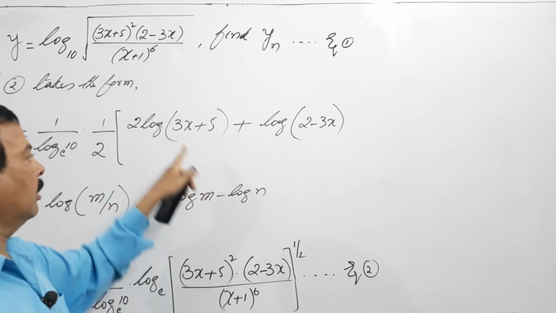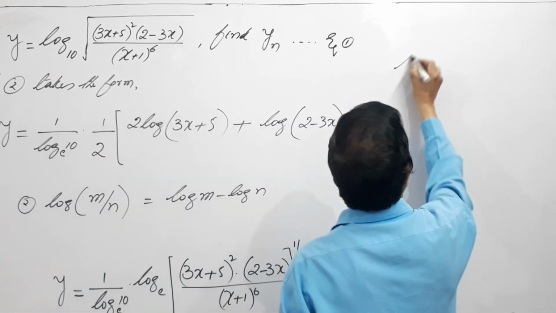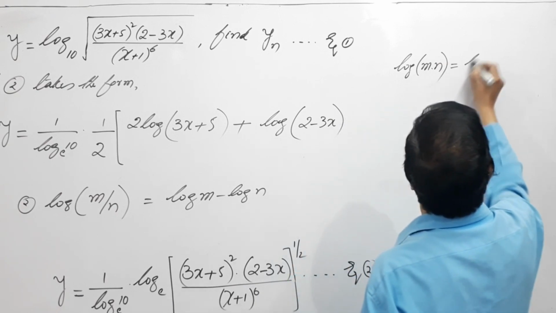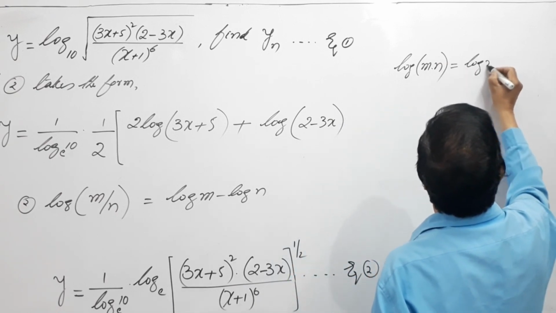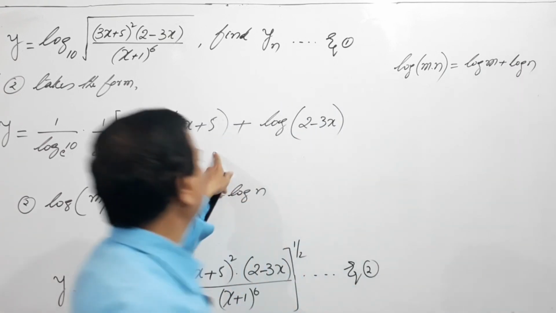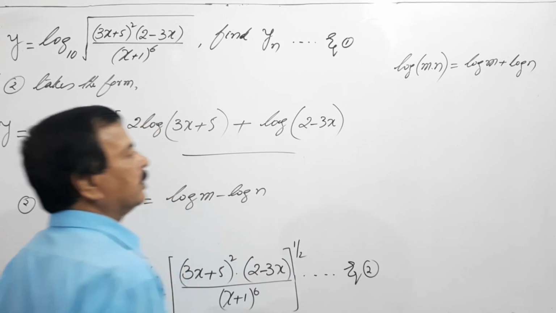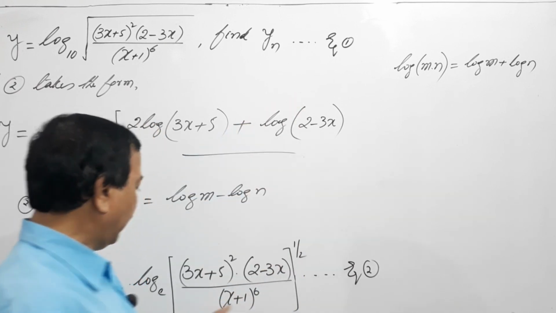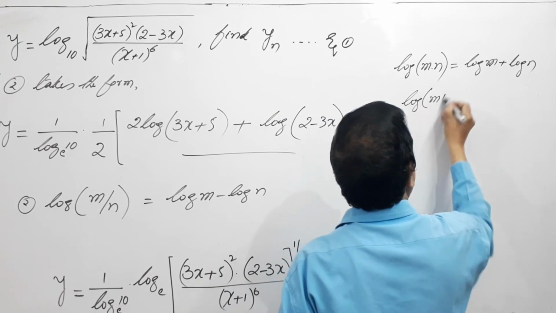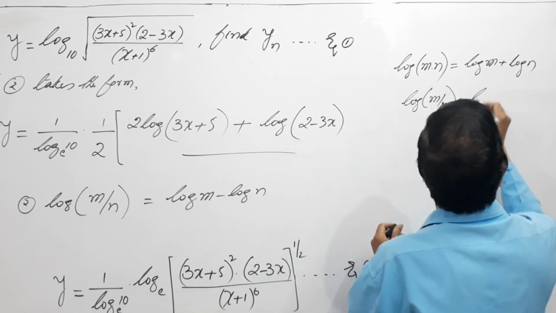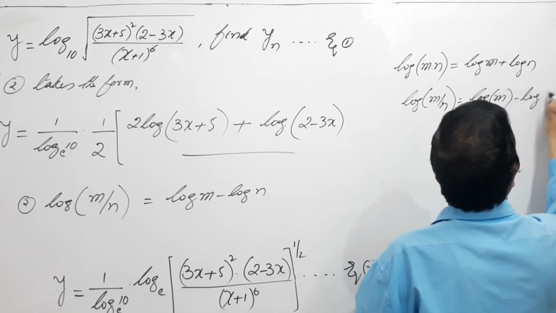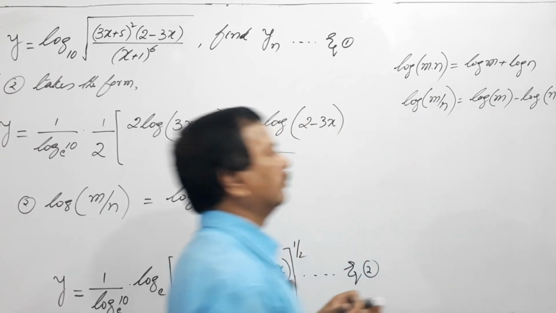So this is of the form log of m into n. What property do we use? Log of m into n is equal to nothing but log m plus log n. I have used that concept here for this too. Now we have another property: log of m by n is log m minus log n.